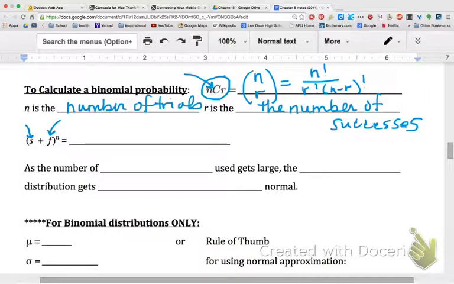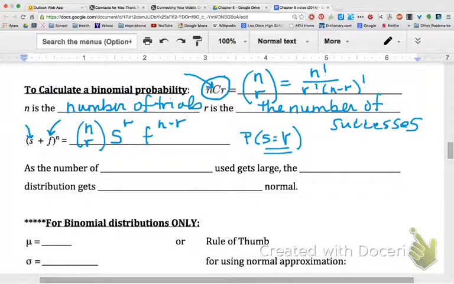And so if I'm trying to figure out the probability that the number of successes S equals 3, I'm going to look at the combination notation, and call this R. And so I'll want to have R successes, because I said that's what I wanted, which means then that the failures have to be N minus R. That'll make a little more sense when we actually start doing these.